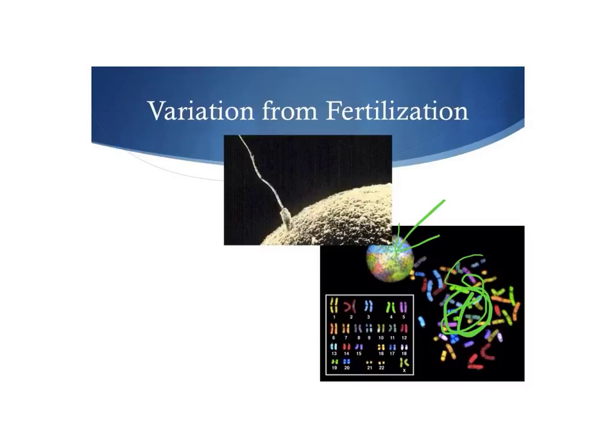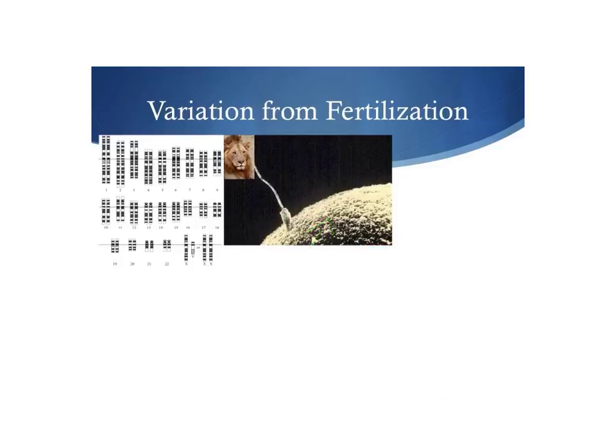So instead, we're going to take it and we're going to organize it by size. And we call this picture of all the chromosomes inside of a single cell a karyotype. So this karyotype really shows us the variation that this organism has. It's very, very unique to this organism only because it's a combination of the sperm and the egg that was created through the process of meiosis.